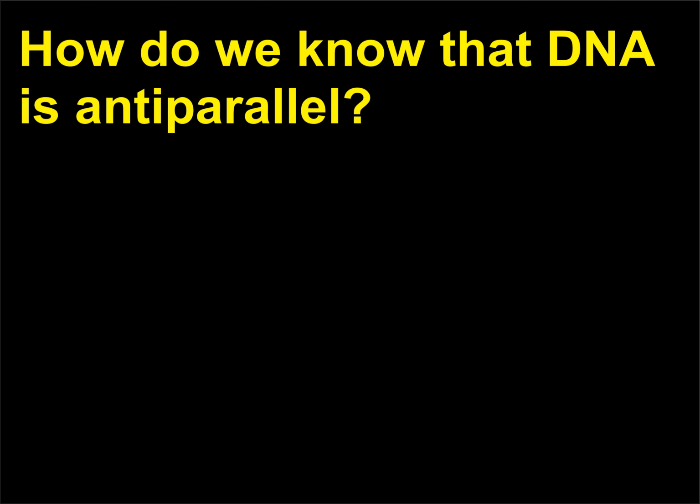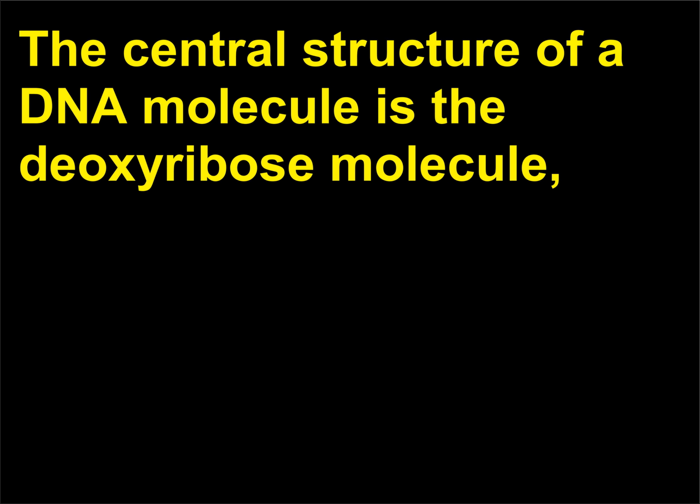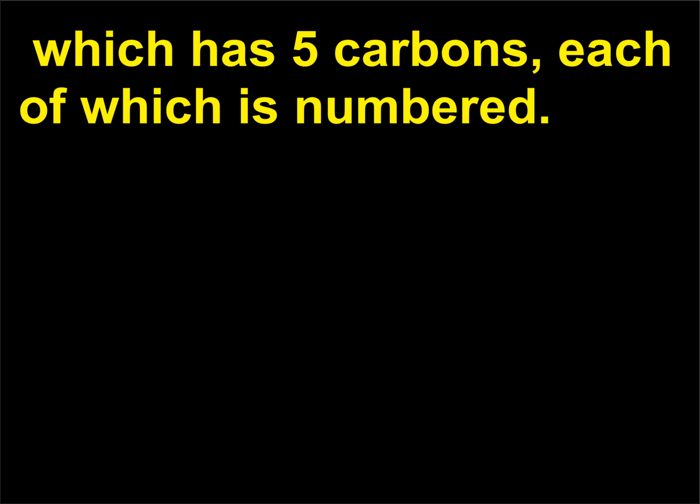How do we know that DNA is antiparallel? The central structure of a DNA molecule is the deoxyribose molecule, which has 5 carbons, each of which is numbered.